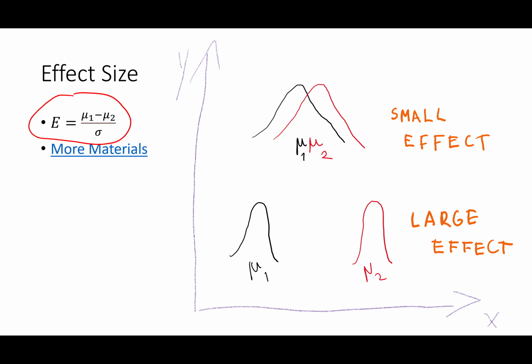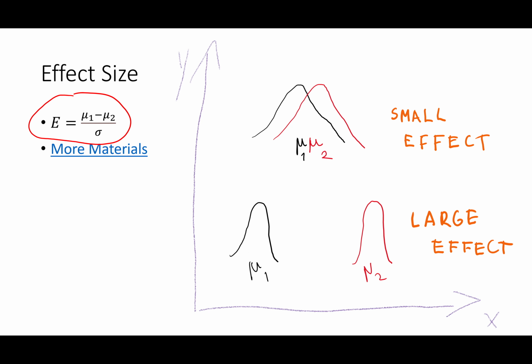And we divide that difference between the means by the standard deviation of the data. And based on that, we can get the effect size. So here there are two examples. One, an example about small effect, and another example about large effect.